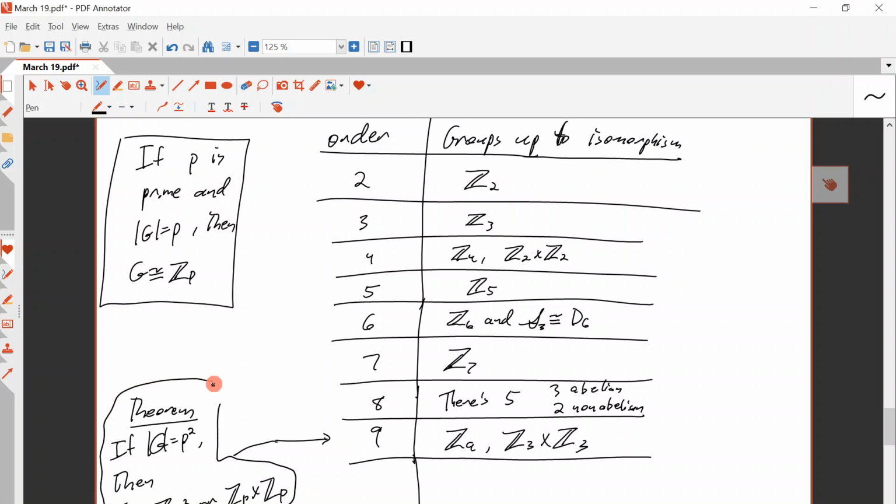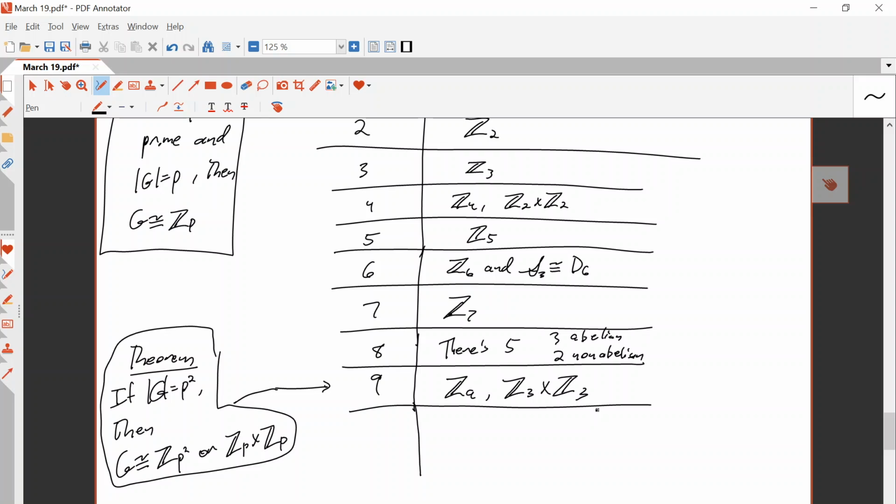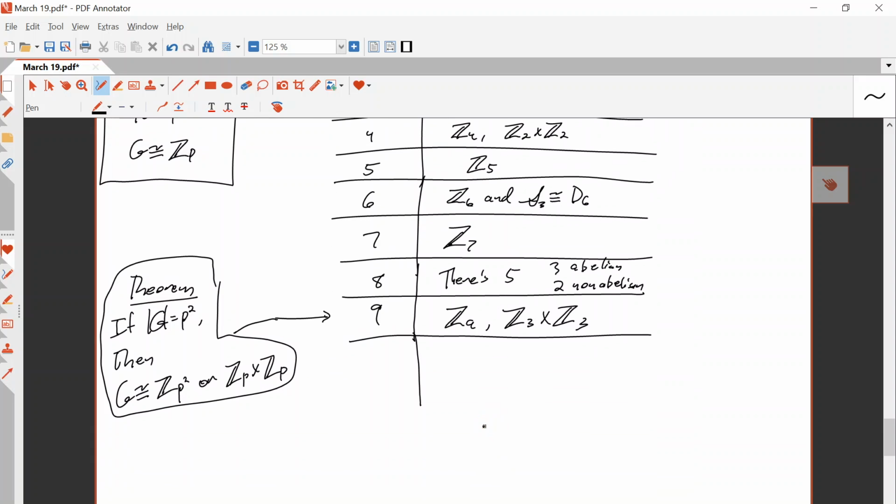So groups of order 9, groups of order 25, 49, and groups of order 121, there's Z11 and Z11 cross Z11. Anyway, it's a nice fact.